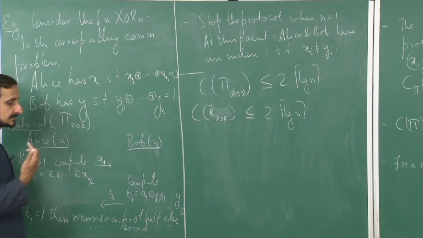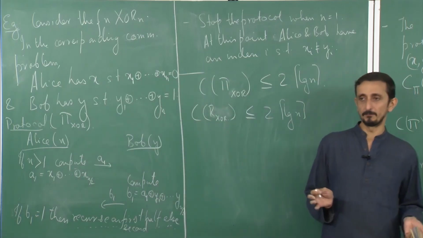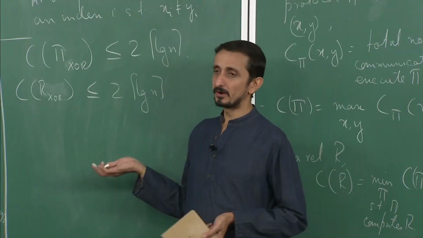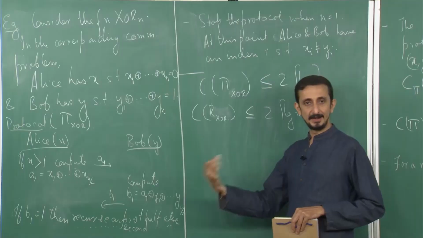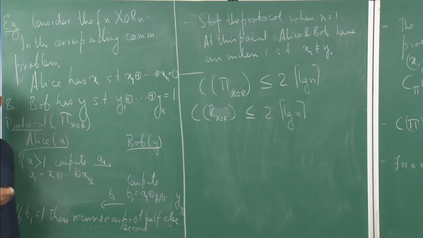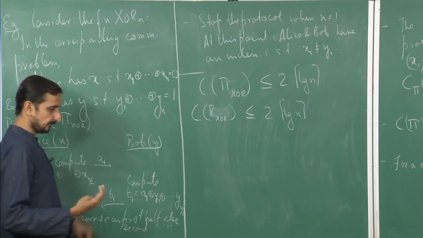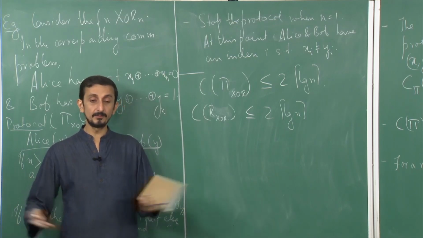Now what does this say? So far we have been looking at communication complexity, but what does this say about the connection between the communication complexity of ZOR and circuit depth? We have two different frameworks.